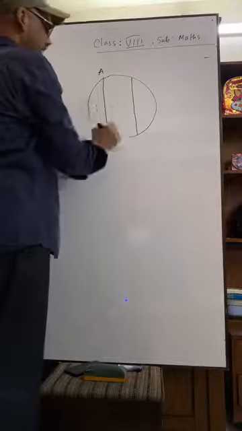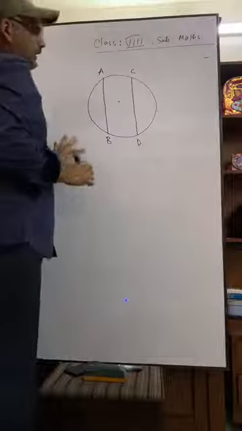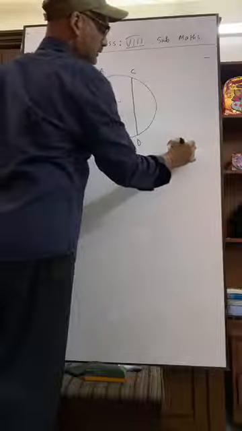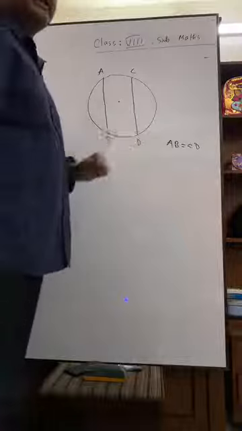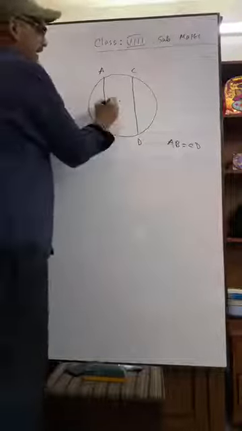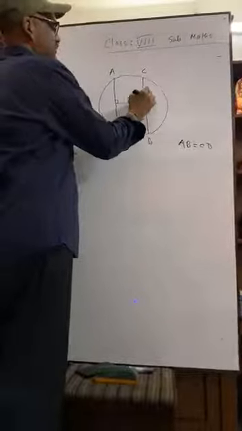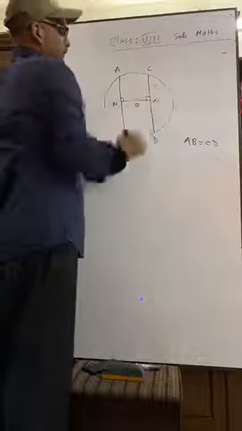AB and CD are equal chords. And these are the perpendiculars, suppose OM and ON.